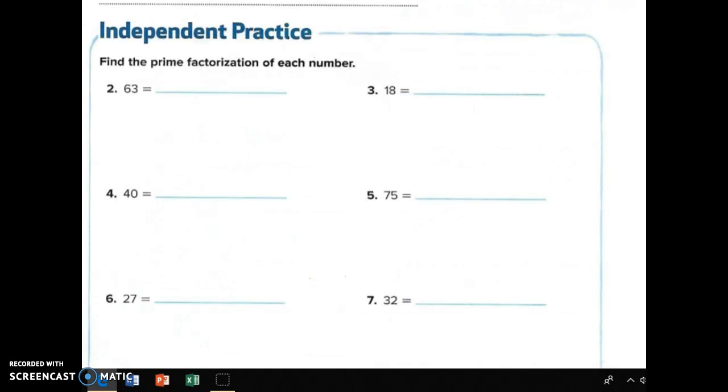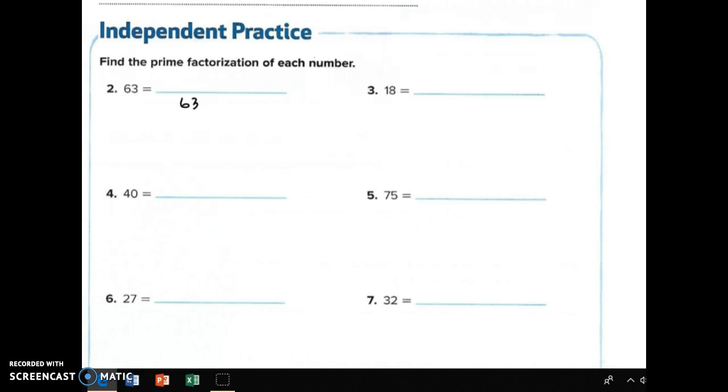In class, we will work on the independent practice to find the prime factorization of each of the numbers that you see over there. I will do number 2 with you on the video. First, you write 63.